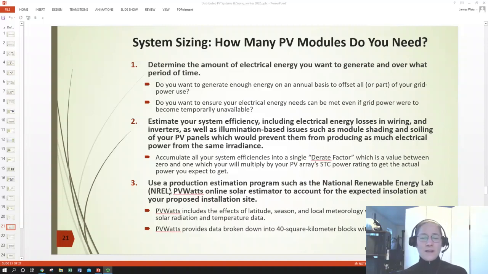So PVWatts will look at the average temperature on any given day and then ask you how you're going to deploy your panel and use some mathematical calculations to estimate what temperature you're likely to have gotten your panel and automatically derate your voltage for you. So you'll get a reasonable estimation.